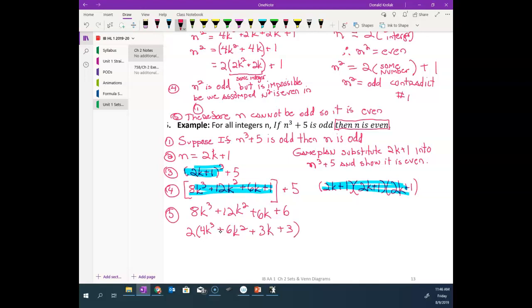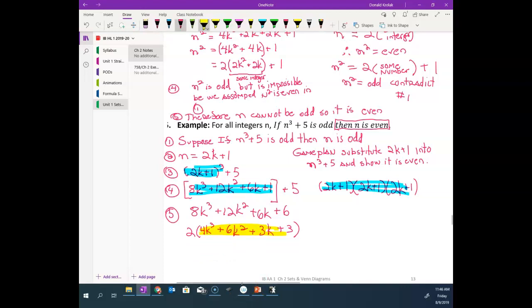So I've established that this has to be an even number because it's 2 times some number. This is just a number. 2 times some number is going to make an even.